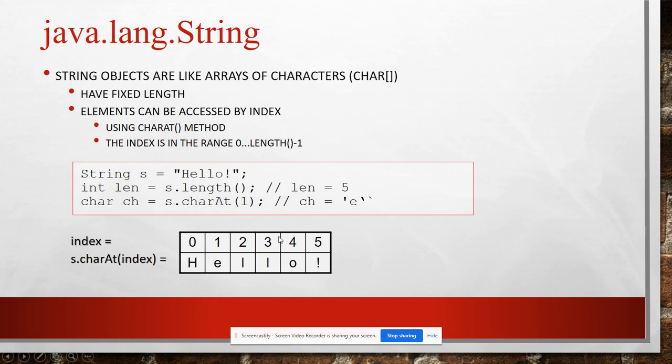For instance, these are the characters and we want to fetch number one, like the E character. So we are just passing the index 1. On index 1 we have character E. So the result will be character E.